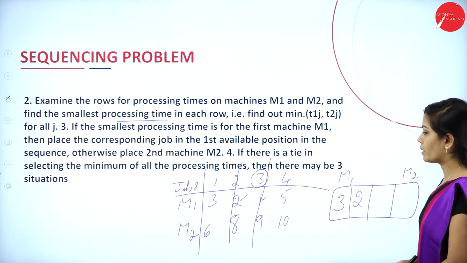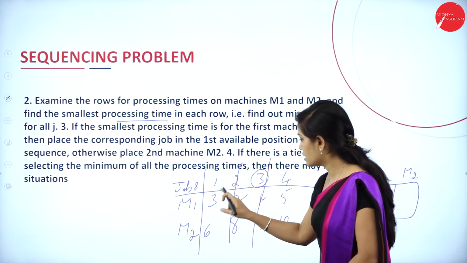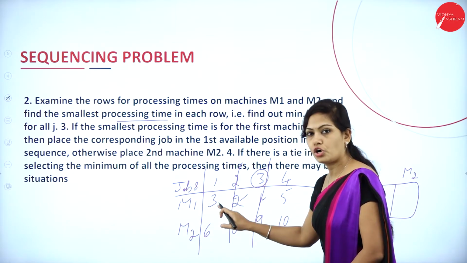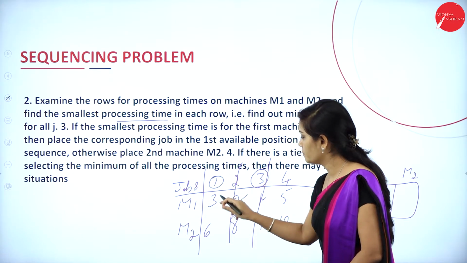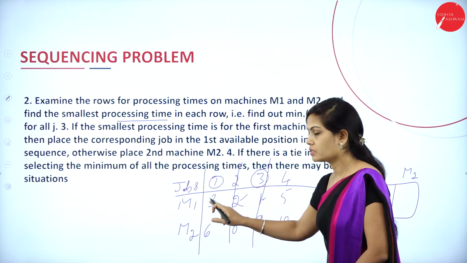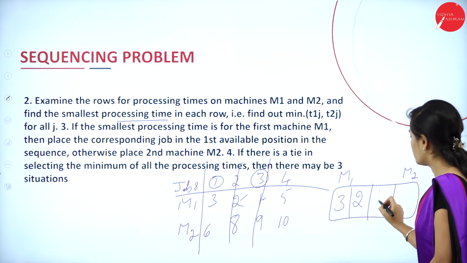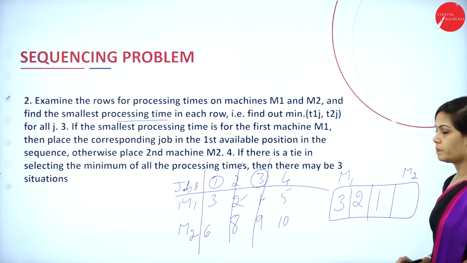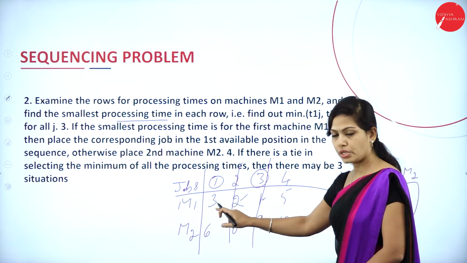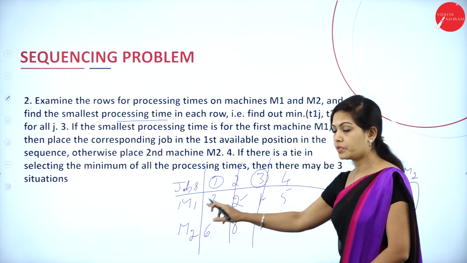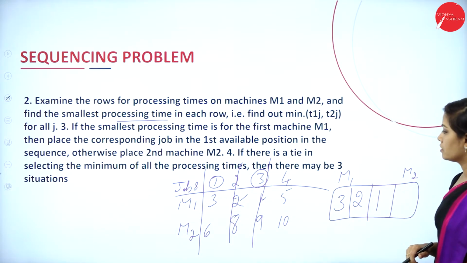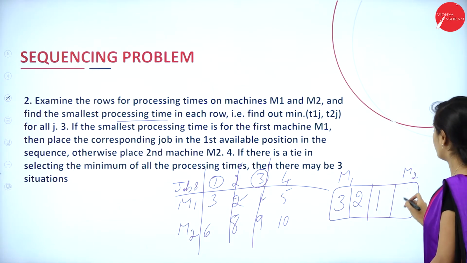The next least value is again machine M1, job 1. So I'll write job 1 here. Clear? And the remaining job is 4.